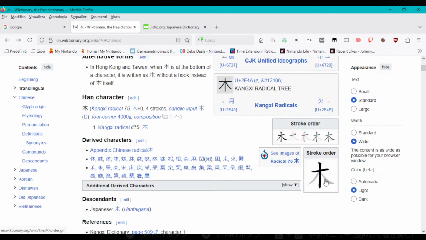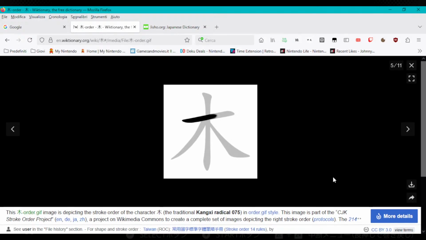This is the kanji for tree, wood as in the material. And yes, as you can already see with the animation, you start here, left to right, top to bottom slanted, and top to bottom slanted, of course.